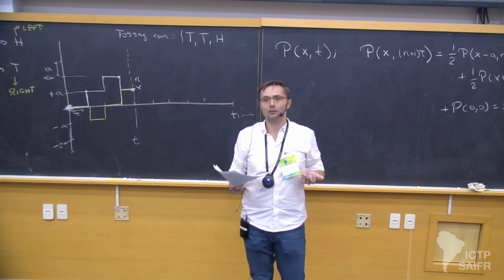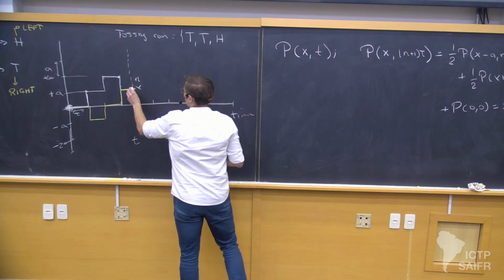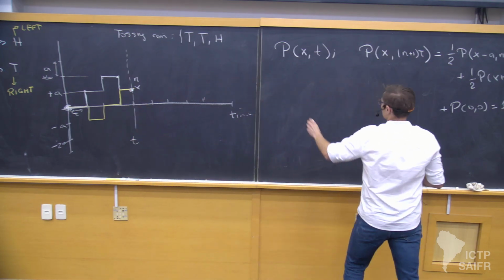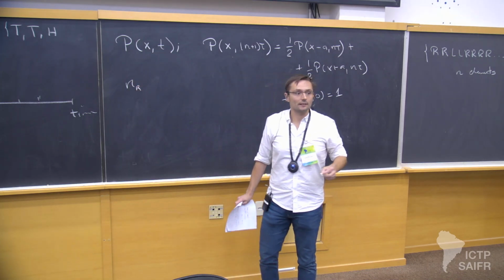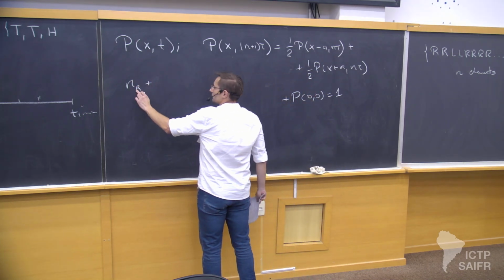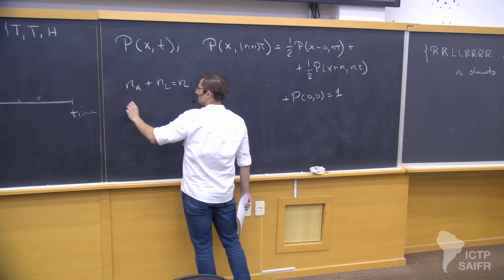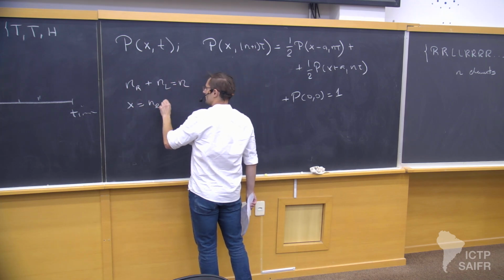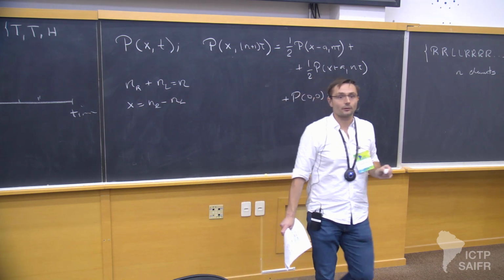Perfect. So if I want to go here, I need to make n jumps to the right, right? And I know that n_r plus n_l is n. And I also know that x is n_r minus n_l, right?